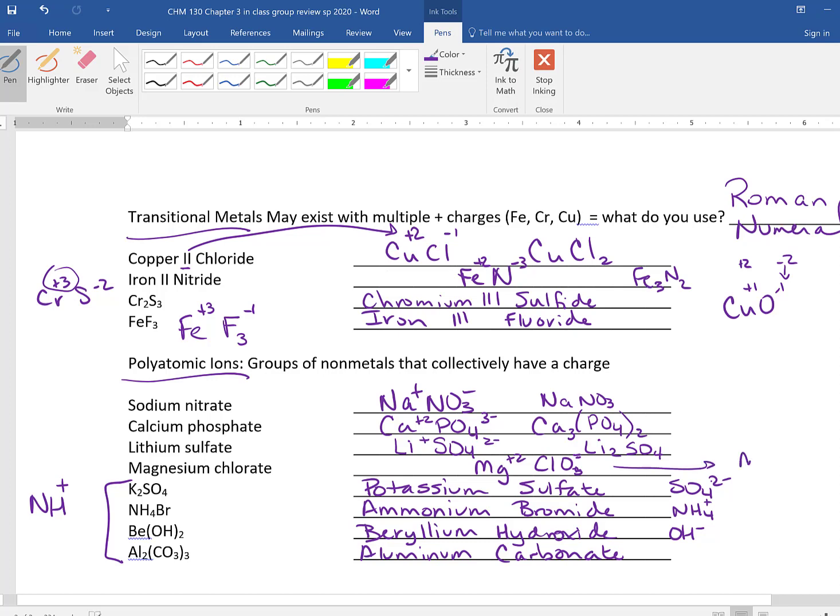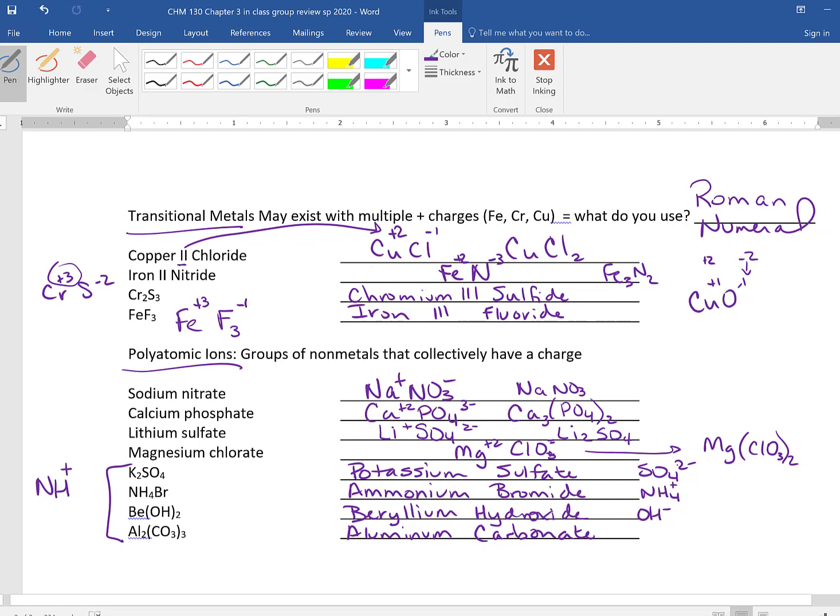Mg(ClO3)2. Okay, so the charge, just swap them, tells you what the number is. And if they were 2 and 2, simplify. If you end up with even numbers with both of them, simplify those.